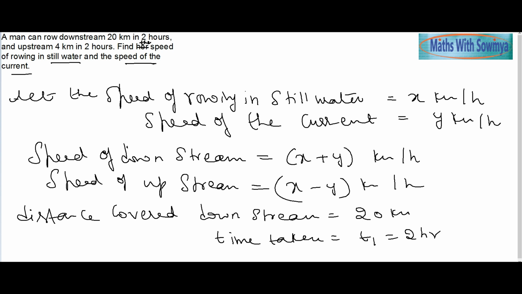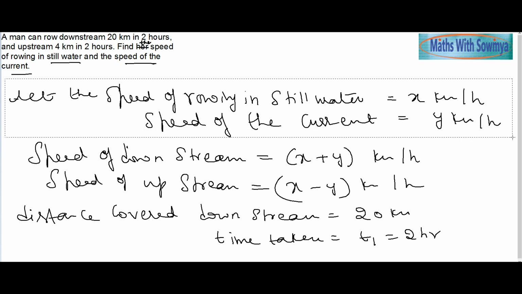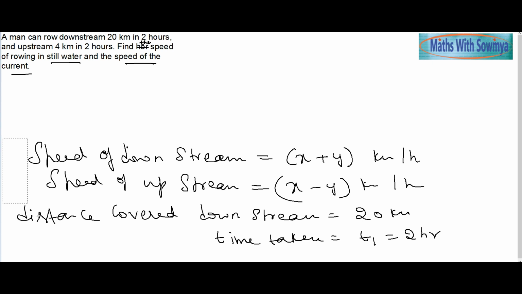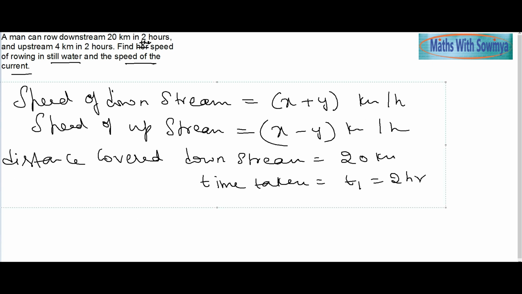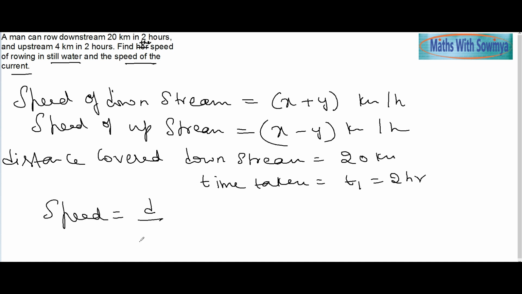By this we know very well the speed distance formula to put, and we can get what is our requirement. Speed is equal to distance by time. If I take downstream first, speed of downstream is x plus y and distance is 20 divided by 2.